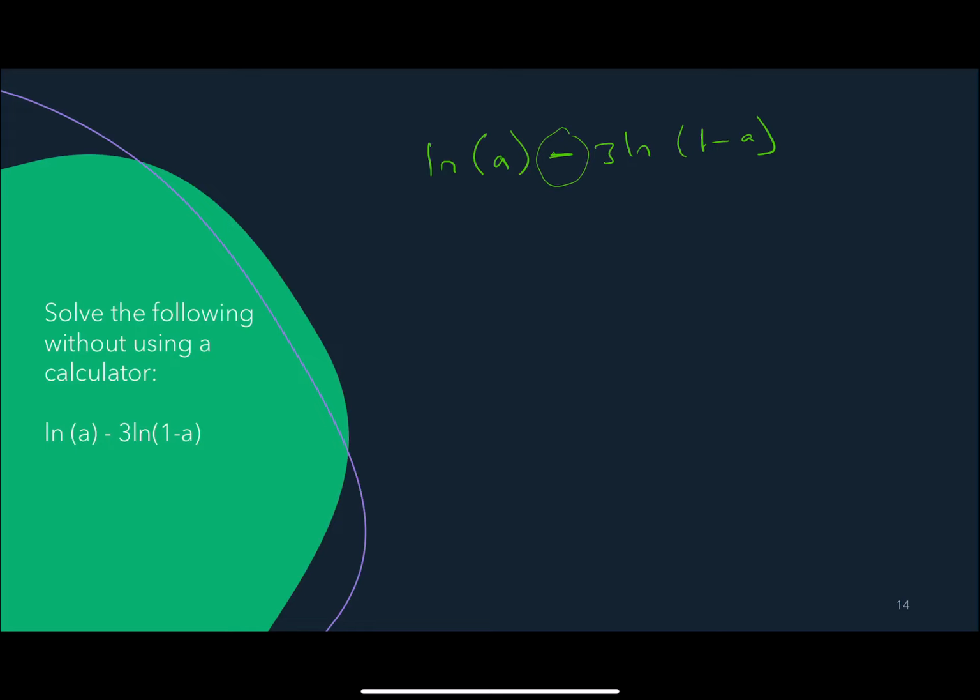So you can always change in between. So this is another way of expressing the values. Because this is an example of subtraction, change to division, I will just put the line like this. I put the ln value here, and then I have 3 ln, because if you remember the rule we said before, 1 minus a, and this is going to be here, so that is like this.